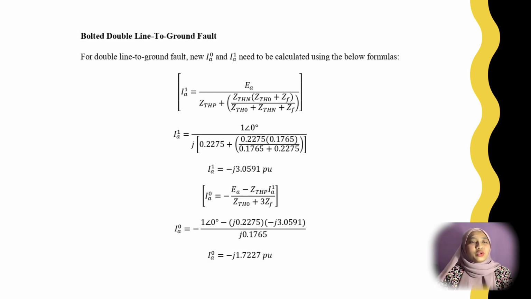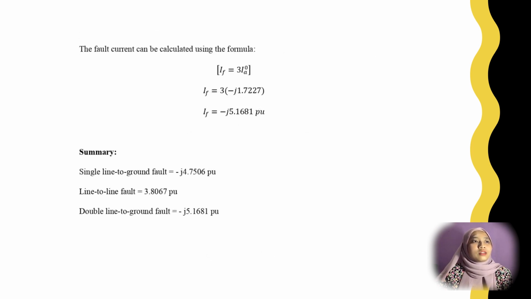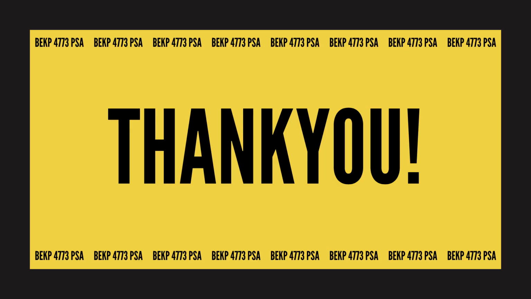Then we can calculate IA0, which equals negative j1.7227 per unit. With that, the fault current in the double line to ground condition will be negative j5.1681 per unit.